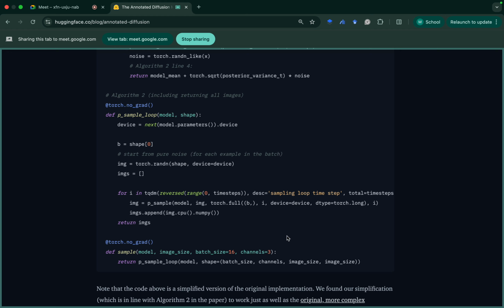This would be the dimension of our noise vector. If you pass this whole shape to this loop, you first sample pure noise of this dimension, that is, for 64 images, however much noise you want, you sample that. Then you do this iteration, which is reversed from the range 0 to time steps. So i will go from 300, 299, 298 and so on.